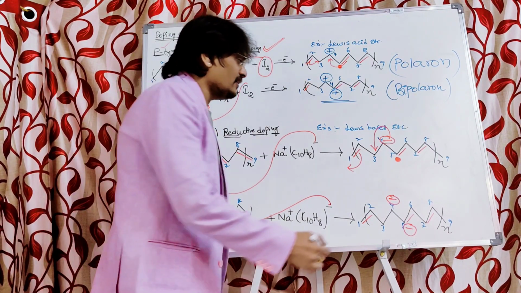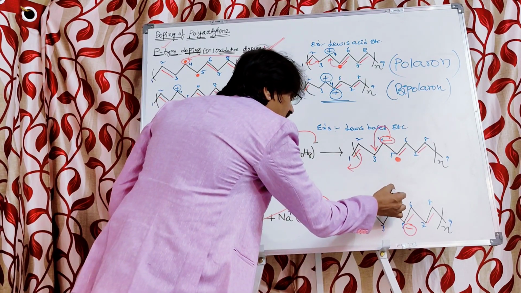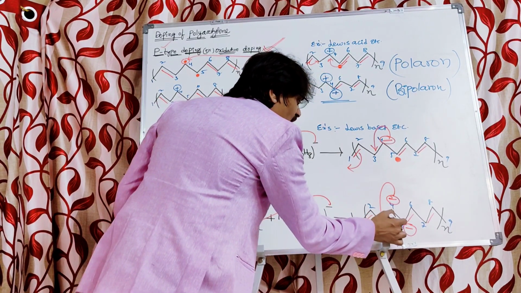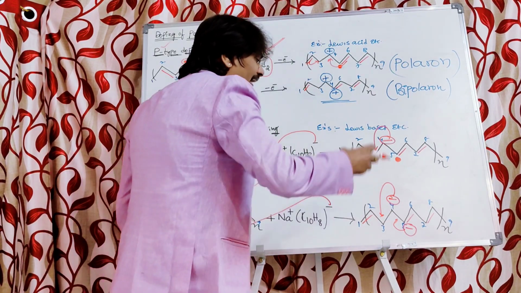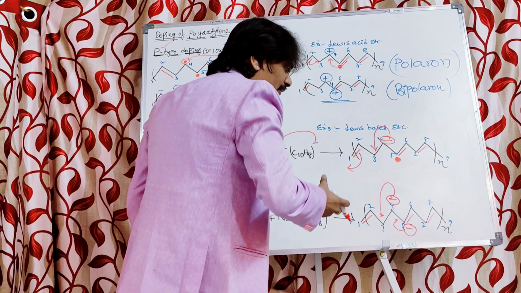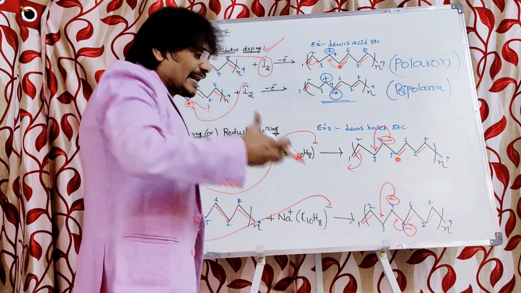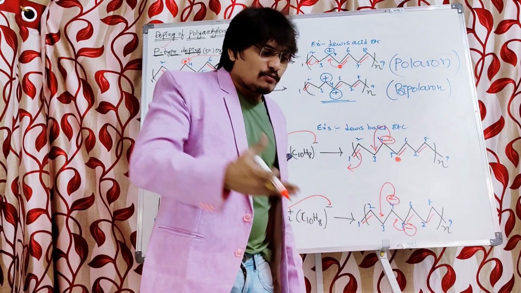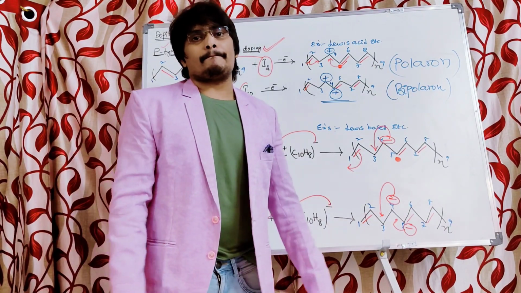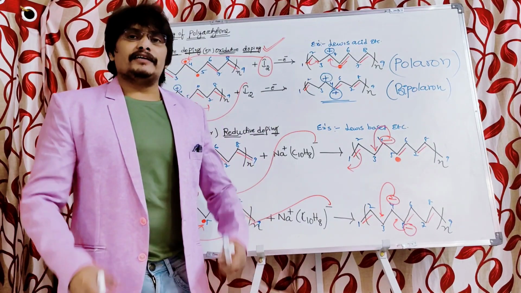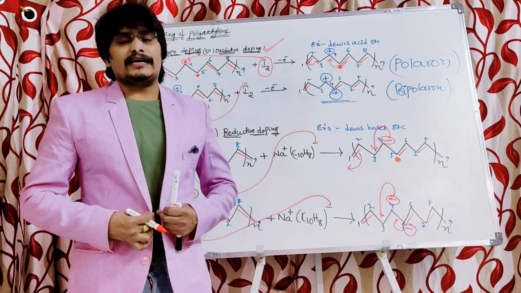So the extra electrons present on the fourth carbon and on the fifth carbon will enter inside the polyacetylene chain rapidly, facilitating the fastest movement of the electrons inside the polyacetylene, by which there is an enhancement or increase in the conductivity of the conducting polymer.